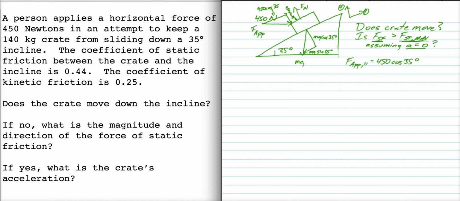which is 368.6 newtons, and that points up the ramp. Now let me look at the parallel component of gravity. That is mg sine 35.